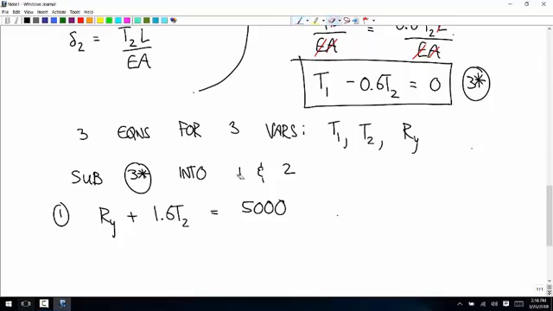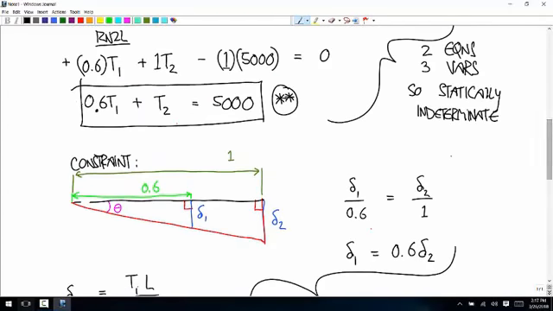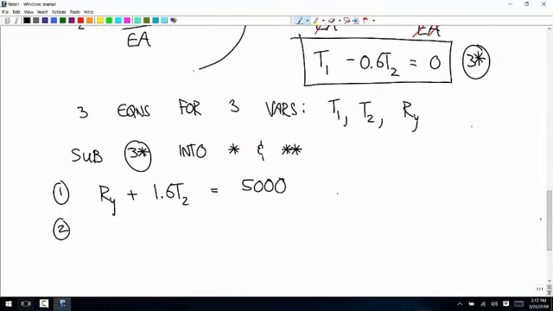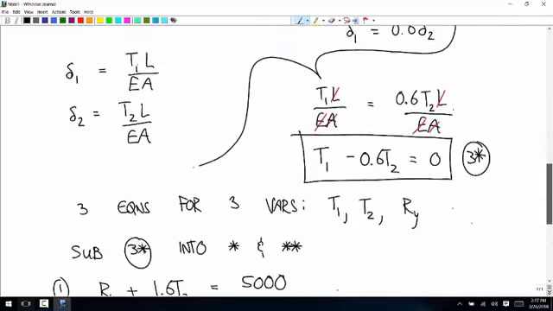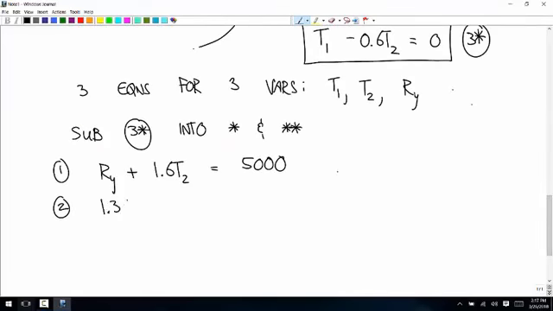And equation 2 says 0.6 times 0.6 T2 plus T2 is equal to 5,000. So 1.36 T2 is equal to 5,000.